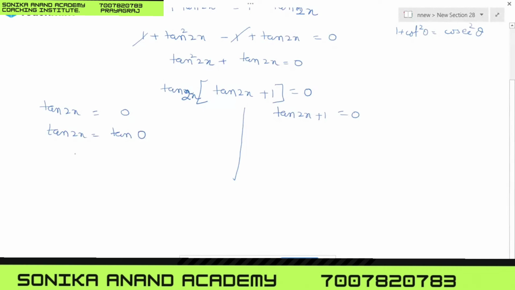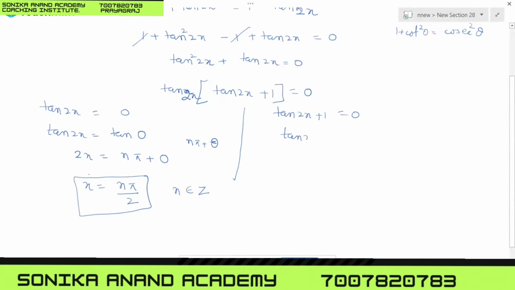So 2x is equal to n pi plus 0 degree. You have the formula now, n pi plus theta. So the value of x is equal to n pi by 2, where n belongs to z.